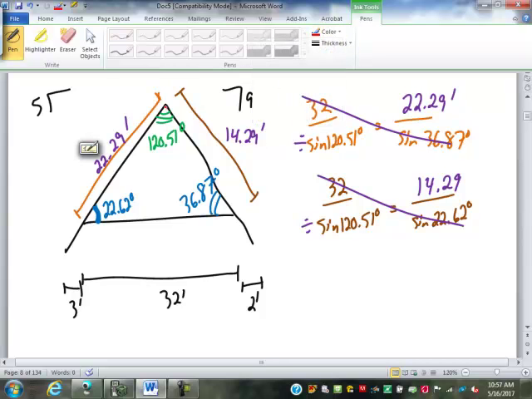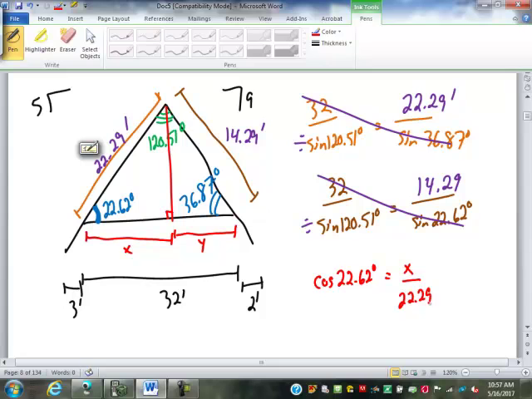So now I'm going to cut it down through here. I'm going to find this distance right here and this distance right here. Cosine of 22.62 is going to equal x over 22.29.